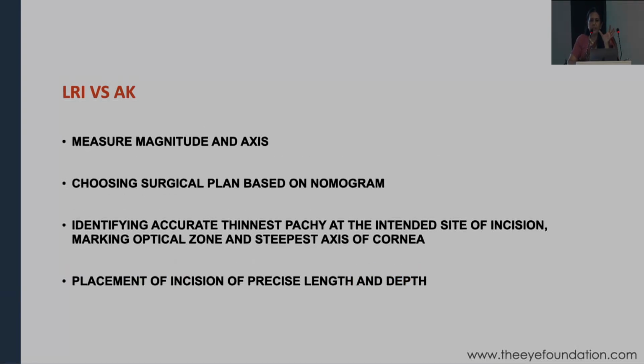Essentially, you need to measure the amount and axis of astigmatism and feed it into different nomograms. The Donnenfeld and the Nichamin nomograms are all available online, and they will tell you exactly what the arc length of these incisions on the limbus should be and what depth they have to be made. And you should also identify the pachymetry at that intended site of incision.